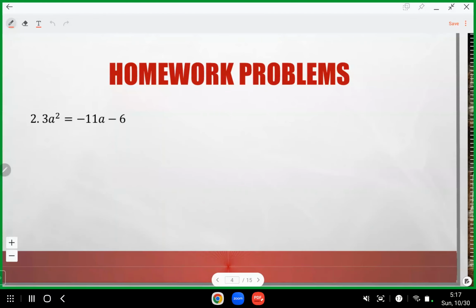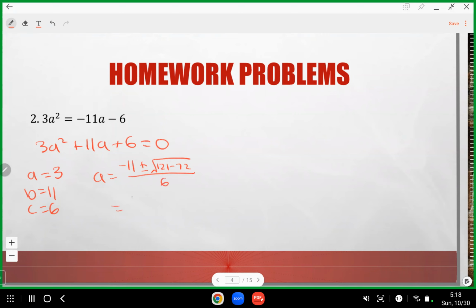So basically, a is 3, b is 11, and c is 6. Very good. So it is negative 11 plus or minus the square root of 121 minus 72, over 6.